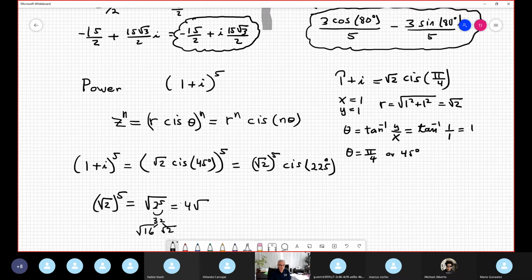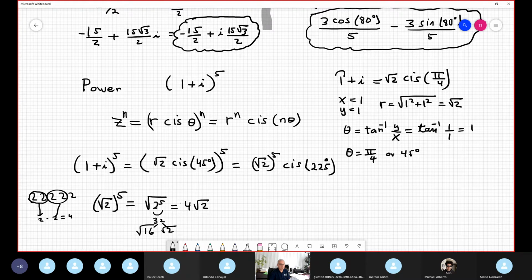So 4 radical 2, because 2 to the 5th power is 32. You break it down, 16 and 2, find the square root, and the square root of 16 is 4, so 4 goes outside. Another point of view: 2 to the 5th power is 2 times 2 times 2 times 2 times 2. A couple of 2s go outside, another couple of 2s go outside, and 2 times 2 together is 4.